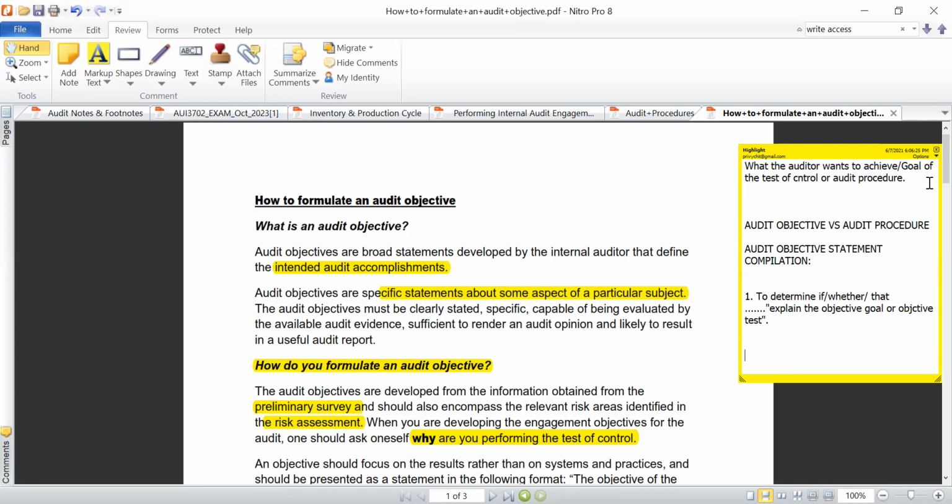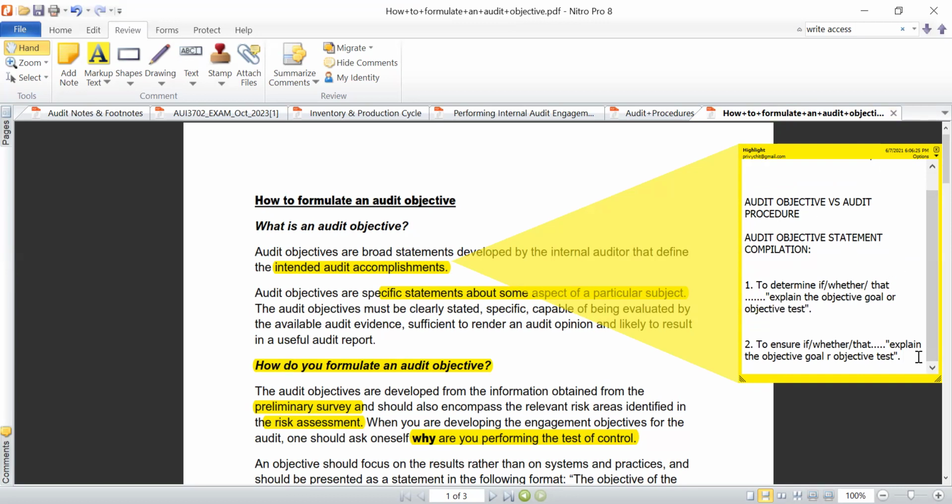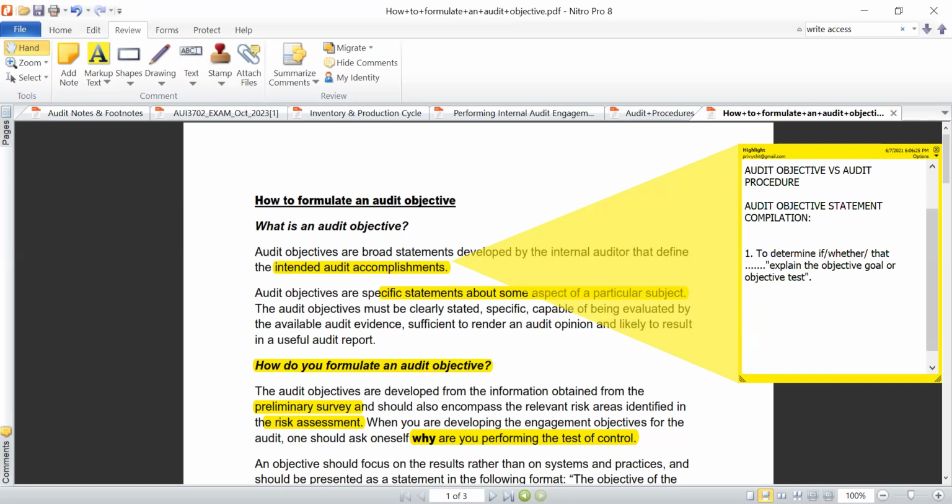Full stop. Number two, you can also write an objective statement by starting with to ensure if, or to ensure whether, or to ensure that, and the next thing you do, you explain in detail the objective goal or the objective test. Full stop. I'm not limiting it to that. There's another one that I used, and I just tested this. It was one of my assignments at honors.